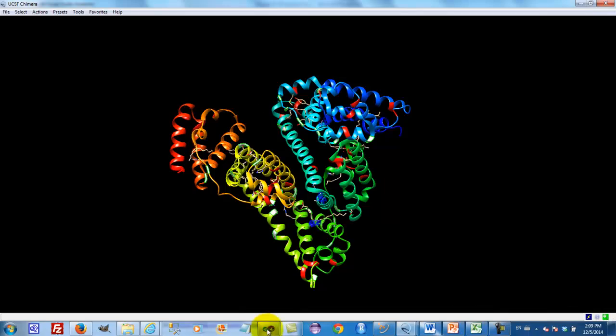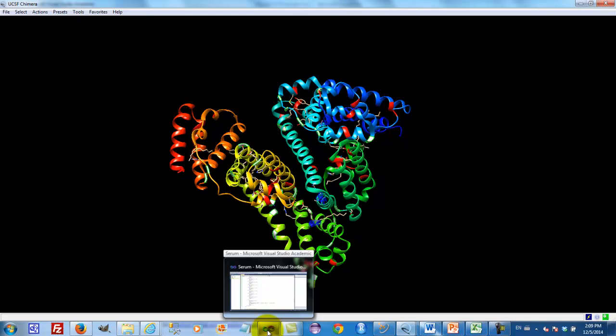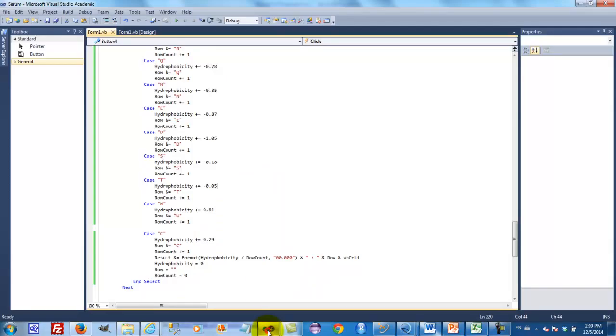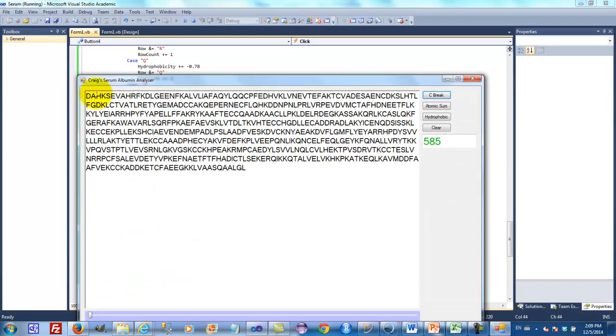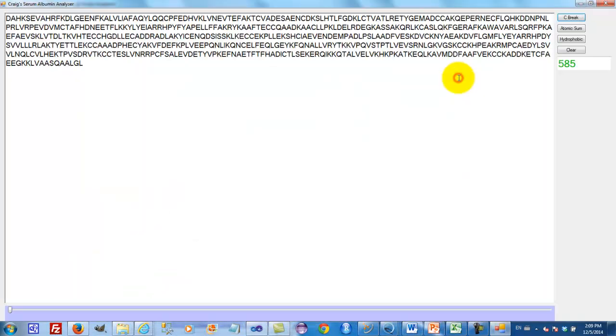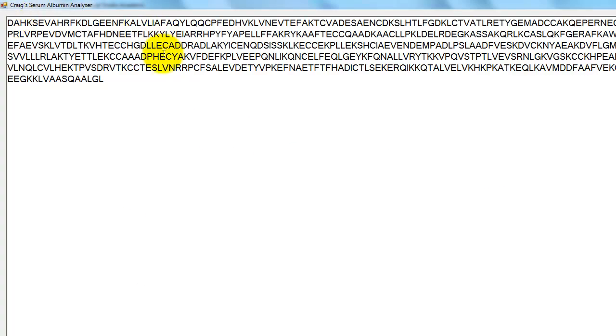Now, the nucleotide sequence for the amino acid sequence for serum albumin is shown here. Serum albumin consists of 585 amino acids.